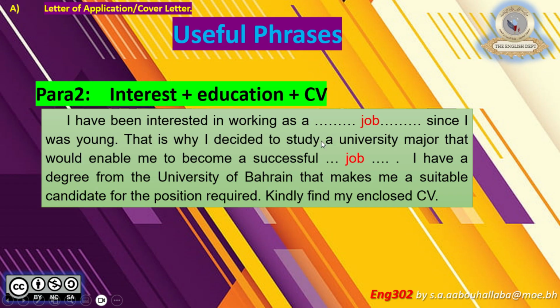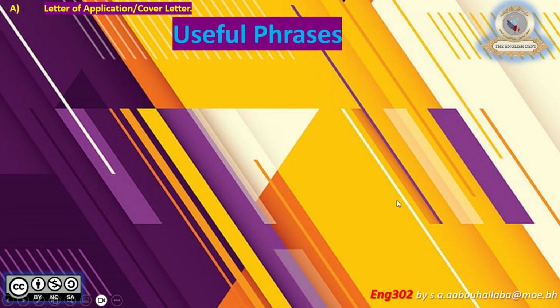That's why I decided to study a university major that would enable me to become a successful, and name the job another time. I have a degree from the University of Bahrain that makes me a suitable candidate for the position required. Kindly find my enclosed CV. So here I express my interest, then I spoke about my education, I have a university degree, and finally I refer to my CV.